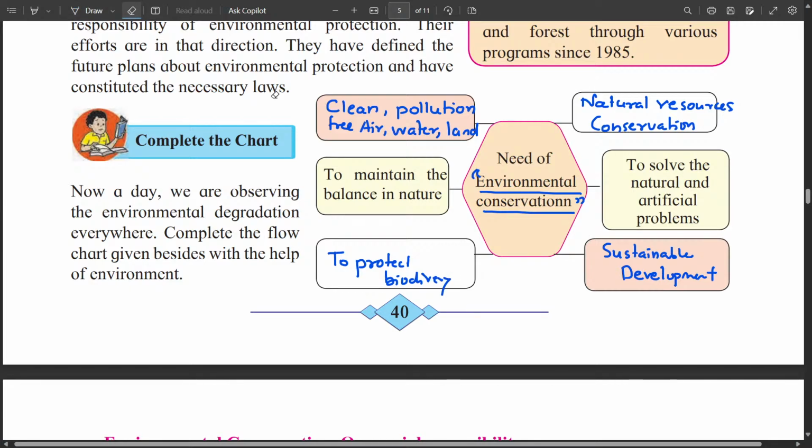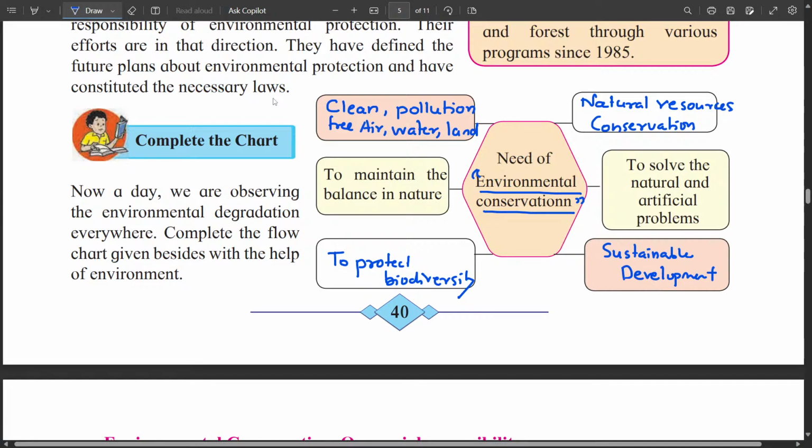Now each and every organism is important for the sustenance of ecosystems. Small organisms like insects, honeybees and butterflies are also important because of their pollination abilities.